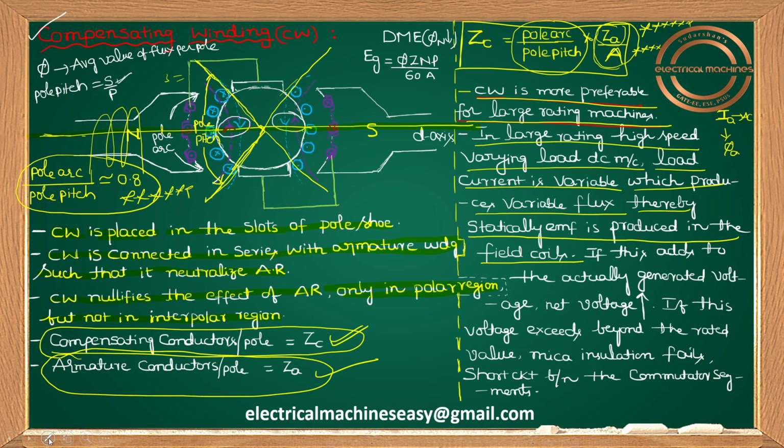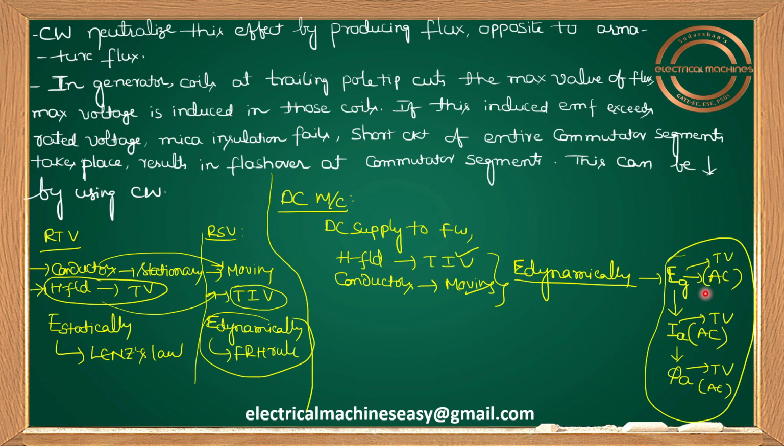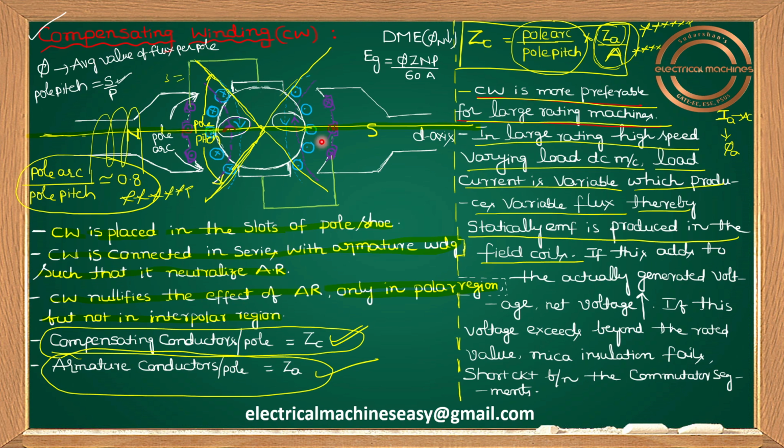So I conclude that EA is time variant, IA is time variant, and the armature flux is time variant. Whenever the armature flux, this blue color, links with your field winding, which is placed on the stator, whatever EMF is induced, I can call it static EMF. Why?